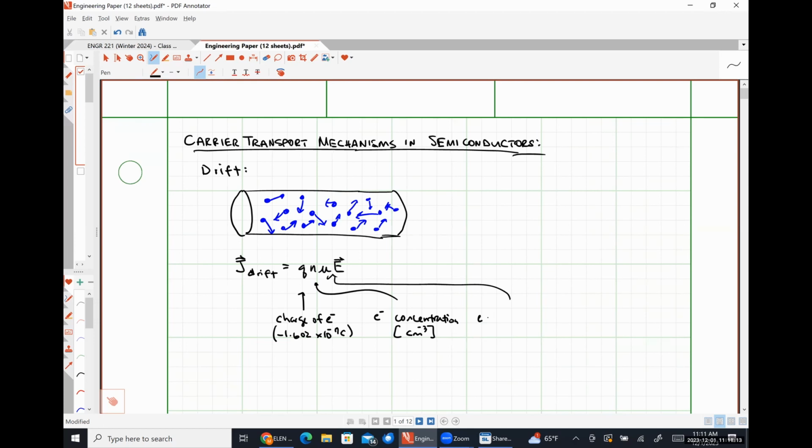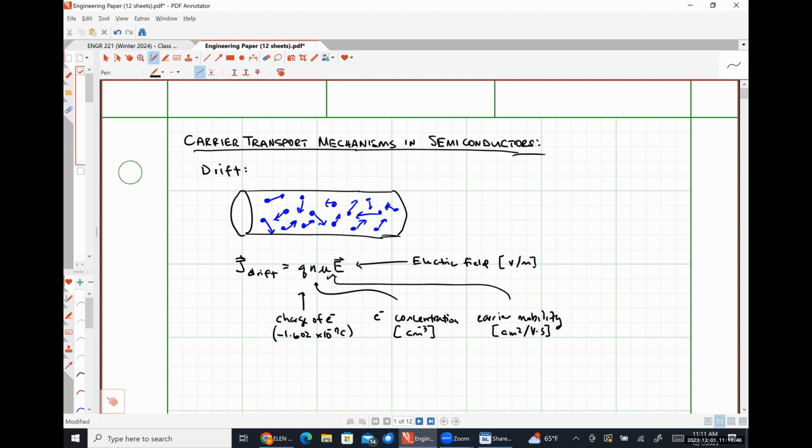I'm just going to put carrier mobility here since we aren't specifying anything, but since we're looking at a wire, our carriers are electrons. This is measured in centimeters squared per volt seconds. And then lastly, we have our electric field strength, measured in volts per meter, right?